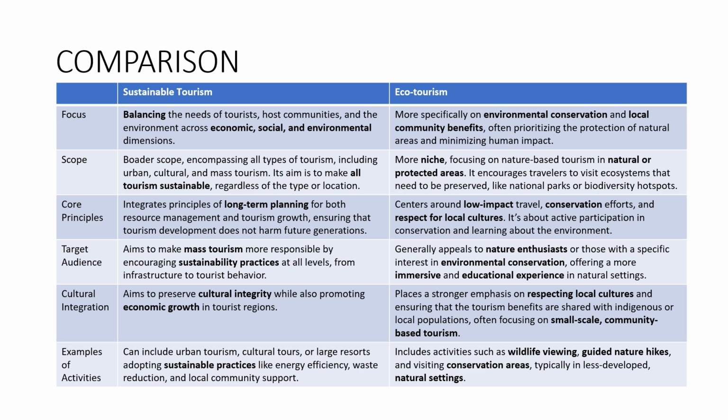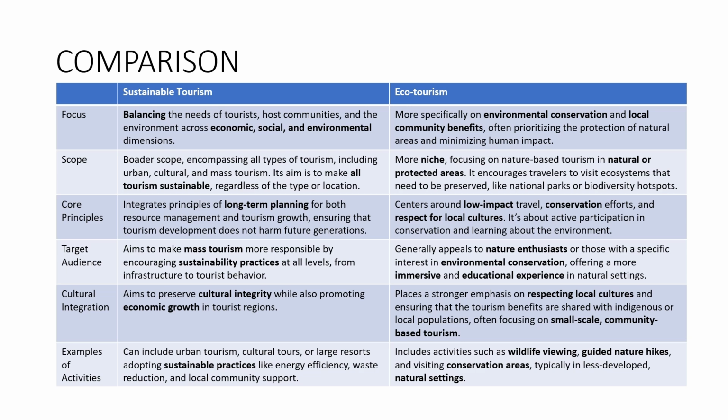This slide shows some of the key comparisons between sustainable tourism and ecotourism across various criteria. The first one is focus. Sustainable tourism focuses on balancing economic, social, and environmental needs. Ecotourism focuses more specifically on environmental conservation and benefit for local community.